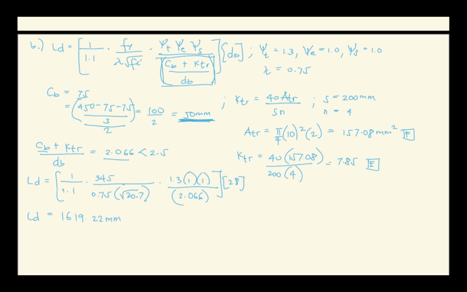Of course, we can modify or reduce this development length by multiplying this quotient, AS required over AS provided.